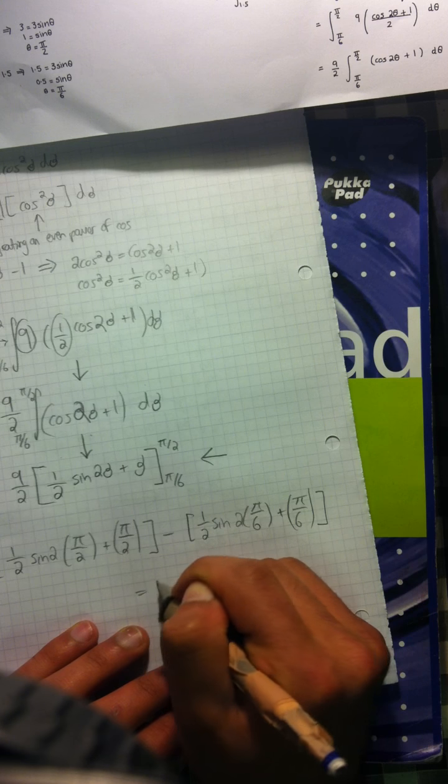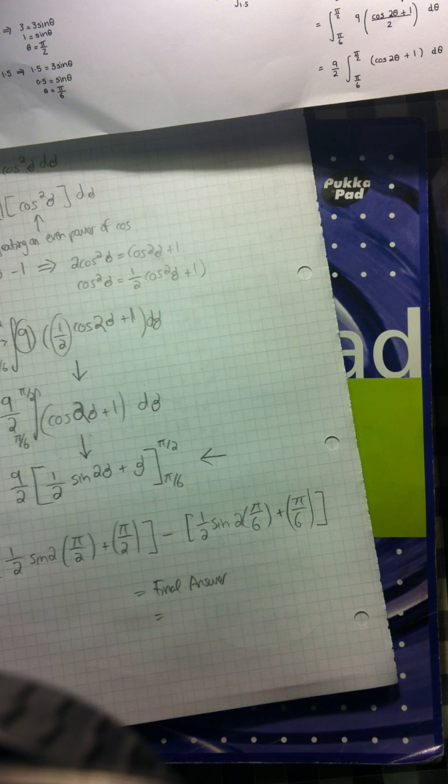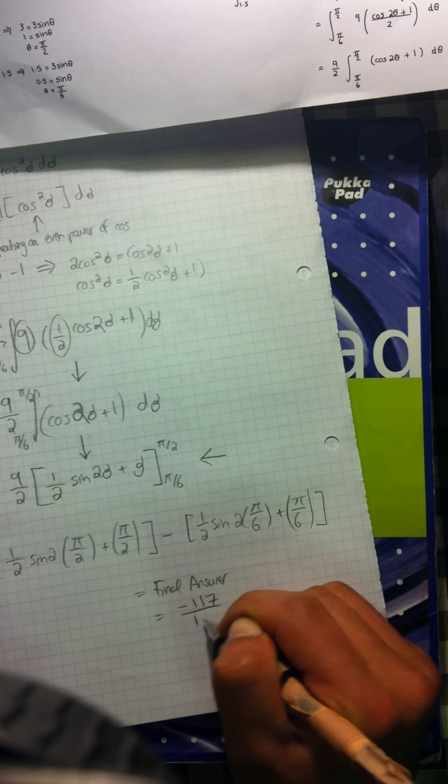That would give you the final answer, which I shall work out now, which I worked out as minus 117 over 20.